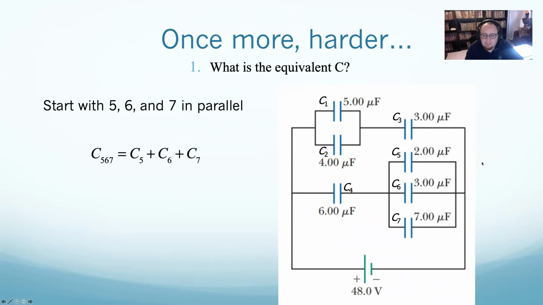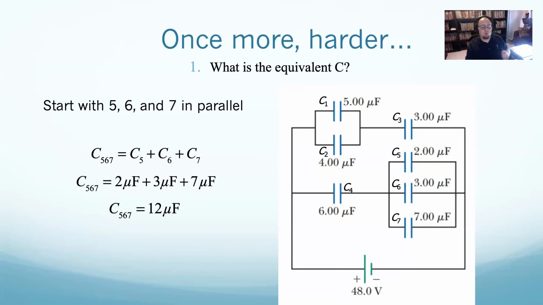C567 is just the sum of capacitor 5, capacitor 6, capacitor 7, because they're in parallel. And so those 3 capacitors could be replaced with one 12 microfarad capacitor, like so.